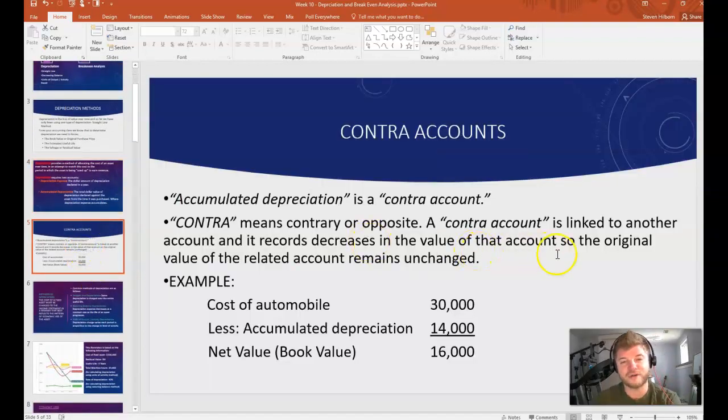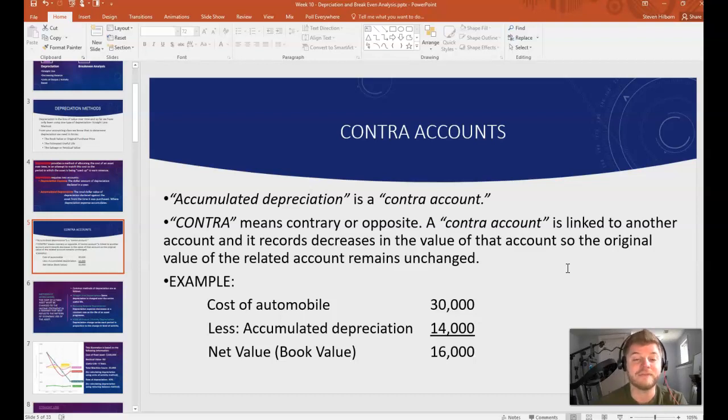It is a contra account. So a contra account, if you remember this term from accounting, basically means contrary or opposite, and it's linked to the original account. It records decreases in the value of the account, so the original value of the related account remains unchanged. As an example, the cost of an automobile is $30,000. We know that the net value of it today, after being used for so long, is $16,000.